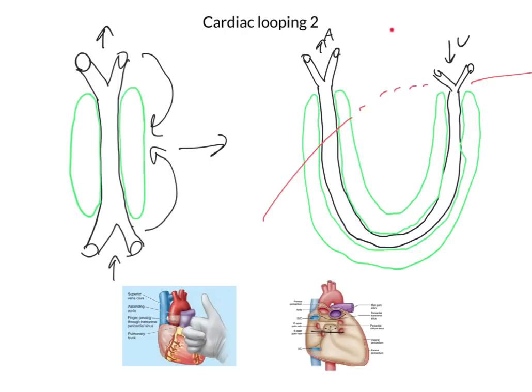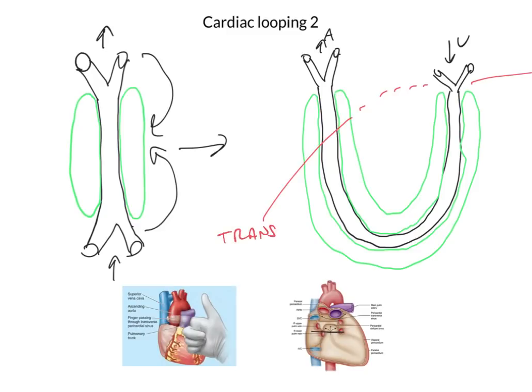So this gap here between the arteries and the veins, where the two come together following the folding, is known as the transverse pericardial sinus. Okay? So this gap between the arteries and the veins, which occurs due to the folding of the heart tube, is known as the transverse sinus.